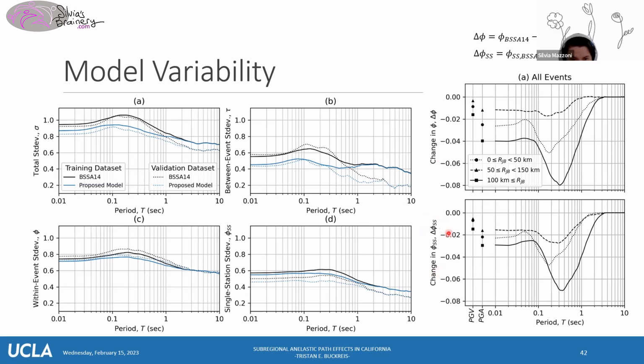And so the phi SS is where we would traditionally attribute most of the path uncertainty. So you can see not all of the reduction can be attributed to phi SS. We saw previously how I showed how site terms also change when you correct for path effects. So there's a small reduction in uncertainty for the phi S2S. I just didn't illustrate it on these plots.